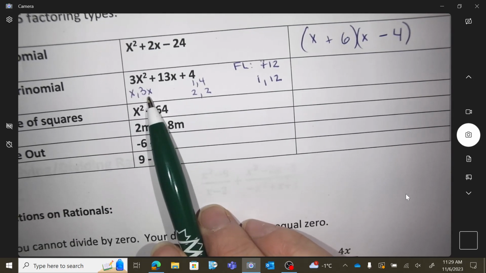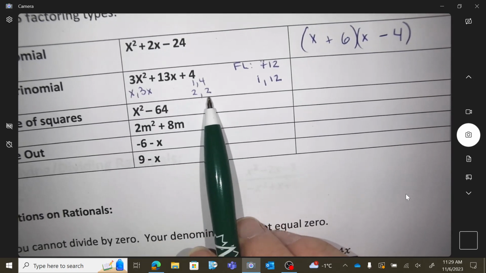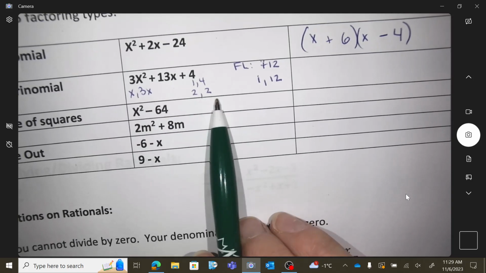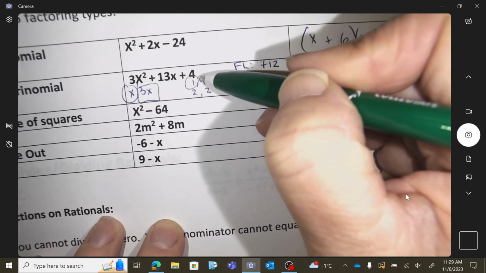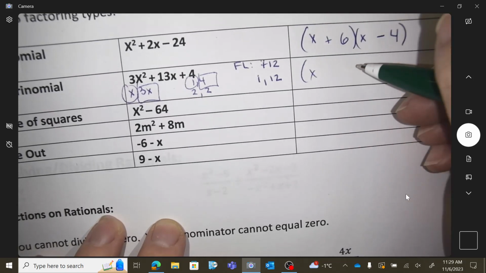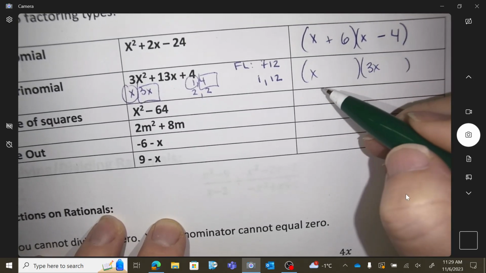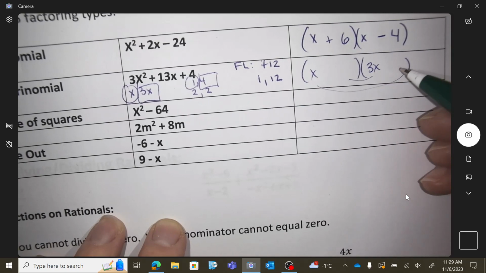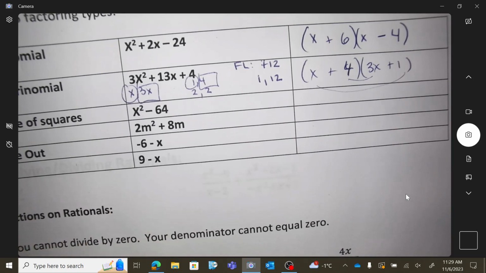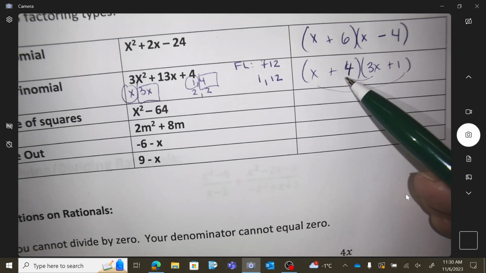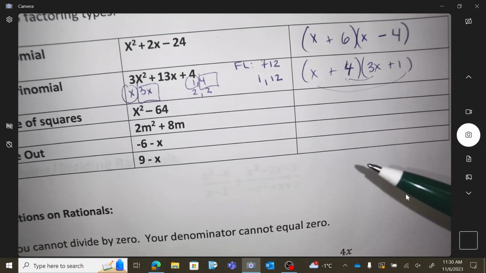So x times 3x is the only thing. What are the L options? Puzzle something. I need a 1 and a 12. So here's my 1x and my 12x. Outside, inside combos, right? FOIL, outside, inside.